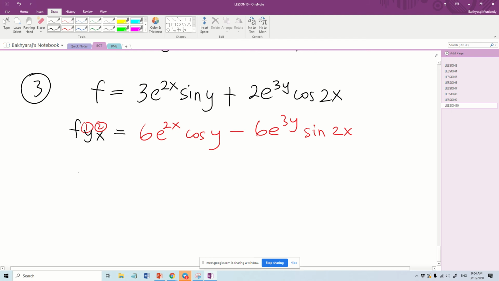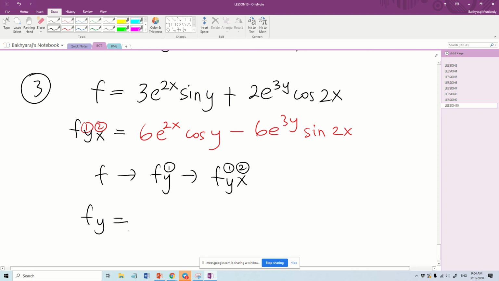First I go for yx. Again, I need to go with y first, and then only I can go by x. So first get your y. Fy means you differentiate with respect to y first.